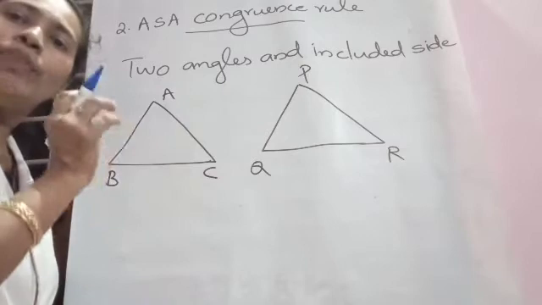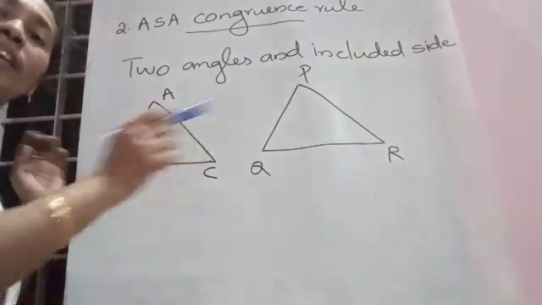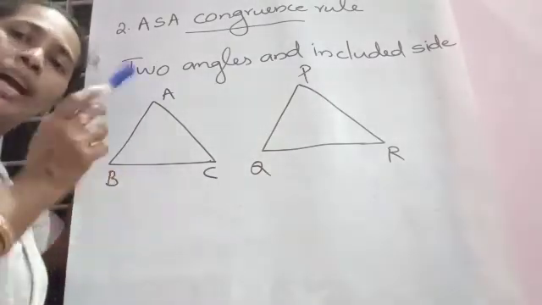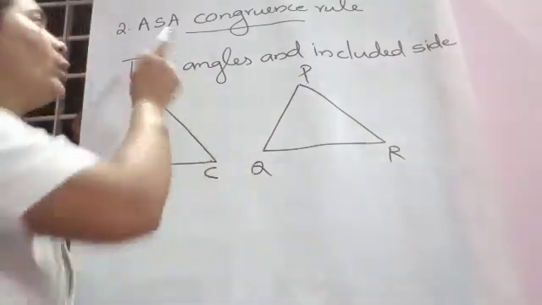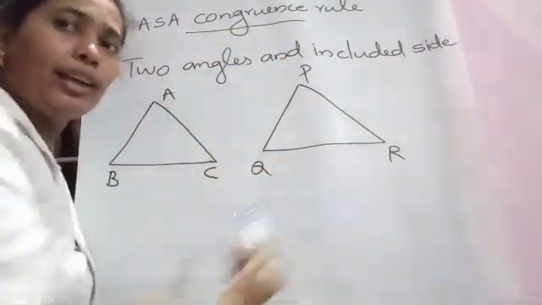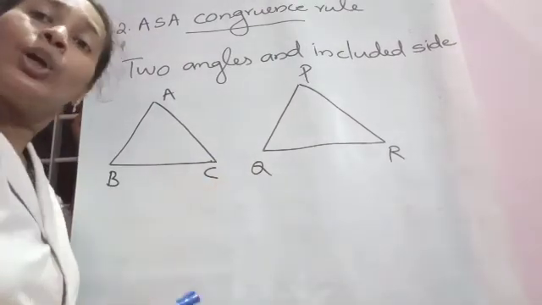When you consider two angles and the side in between them of one triangle are respectively equal to two angles and included side of other triangle, what can we say? The two triangles are said to be congruent.